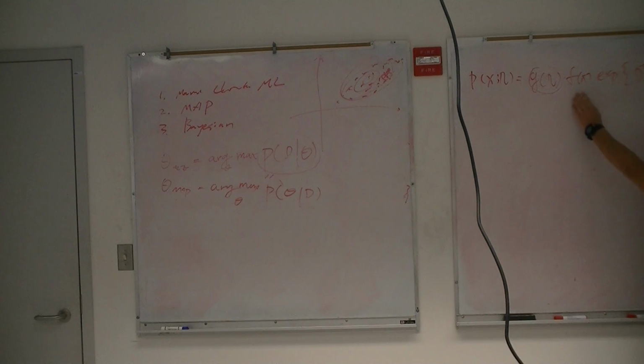If we integrate over x on this term, it's not going to equal 1 in general, and then you need this normalizing factor to make it 1, to make it a probability. And this S is the sufficient statistics, which basically means you don't need to keep the x to do any calculation. You only need to extract some feature of x, and then you can do whatever you want.